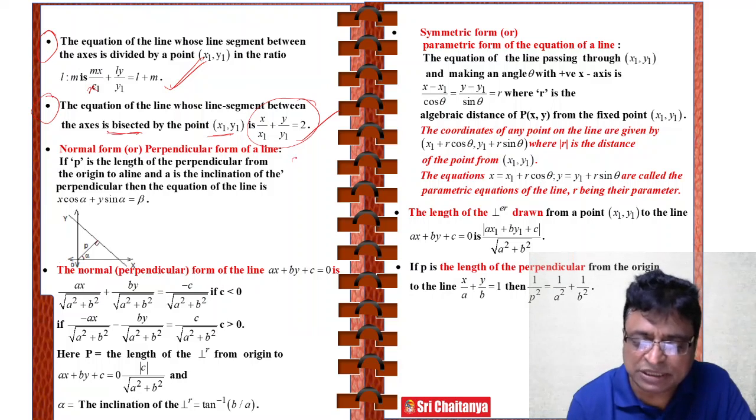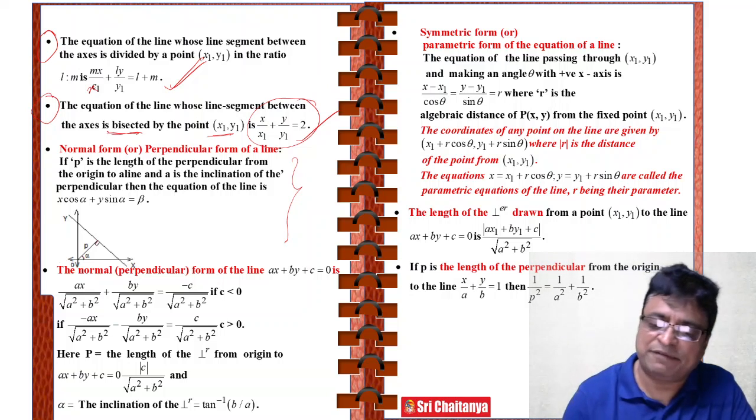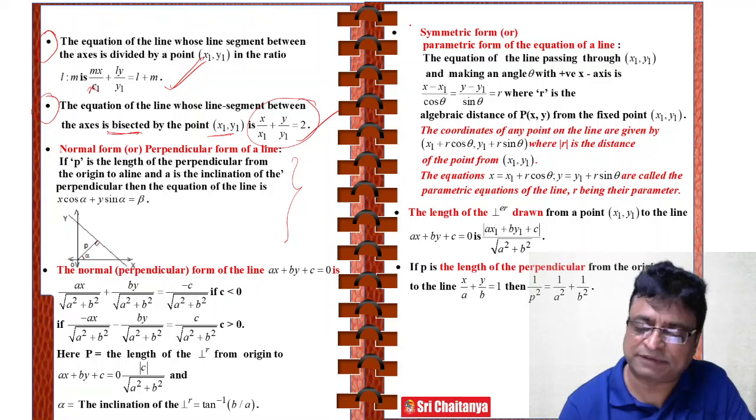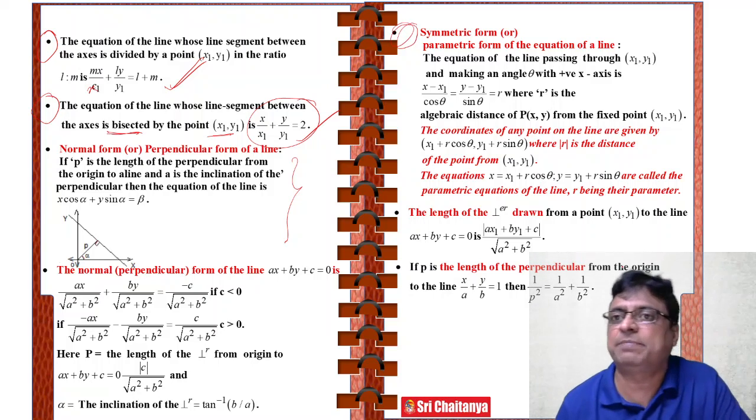Based on that information only, we can imagine the formulae. And for the IIT mains examination, applications of the symmetrical form of the line, or the parametric form of the line, are very, very important.